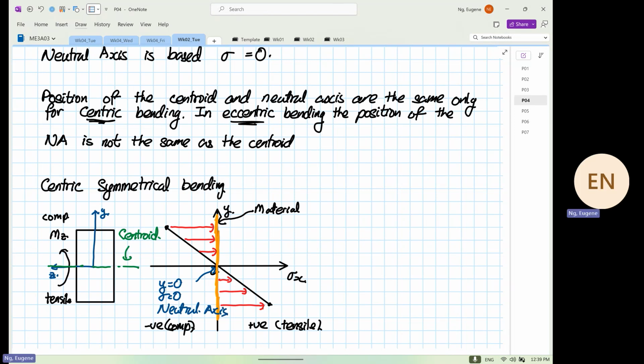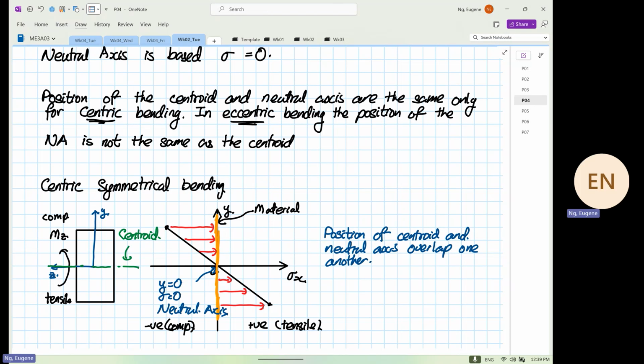So what we see over here under centric and symmetrical bending is that the position of centroid and neutral axis overlap one another. So they are in the same position.